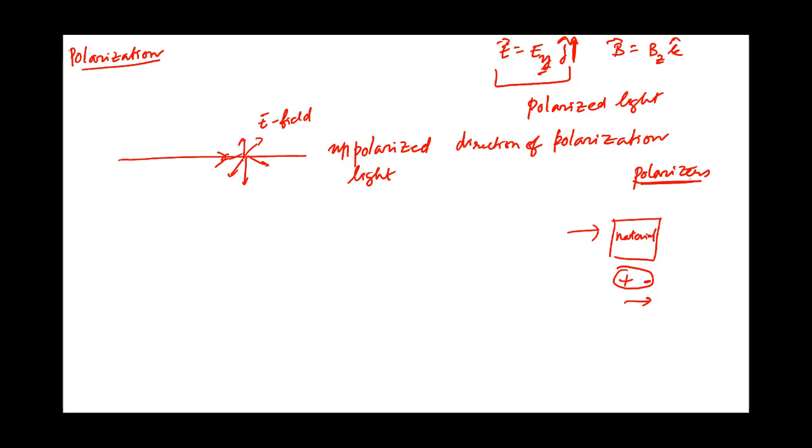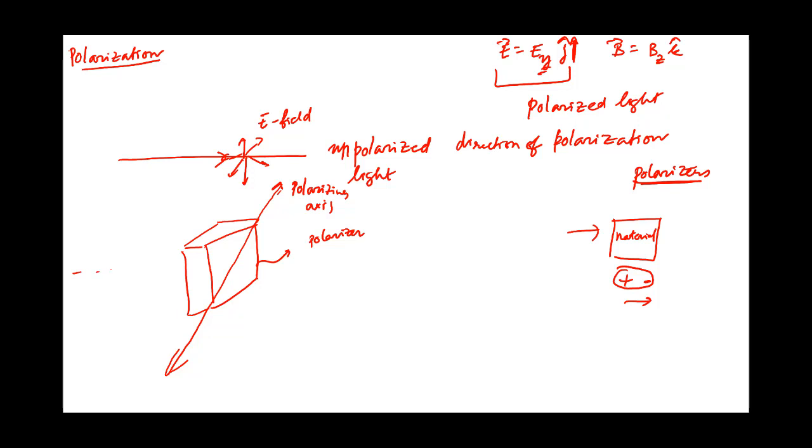For example, if I have a polarizer, let's say like this, and let's say its polarizing direction is this way. Let's say this is the polarizing axis, and the material itself is the polarizer.